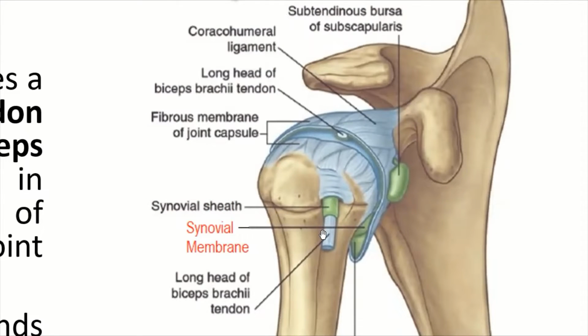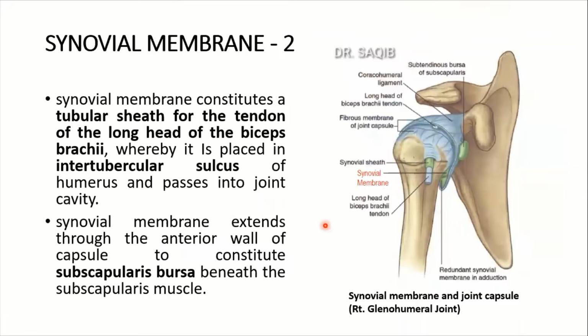This is the tendon of the long head of the biceps, and it is the synovial membrane, right? And this is the synovial sheath, right? So a tubular sheath is formed around the tendon of the long head of the biceps brachii by the synovial membrane. So it communicates within the joint. So the tendon of the long head of the biceps brachii is intracapsular.